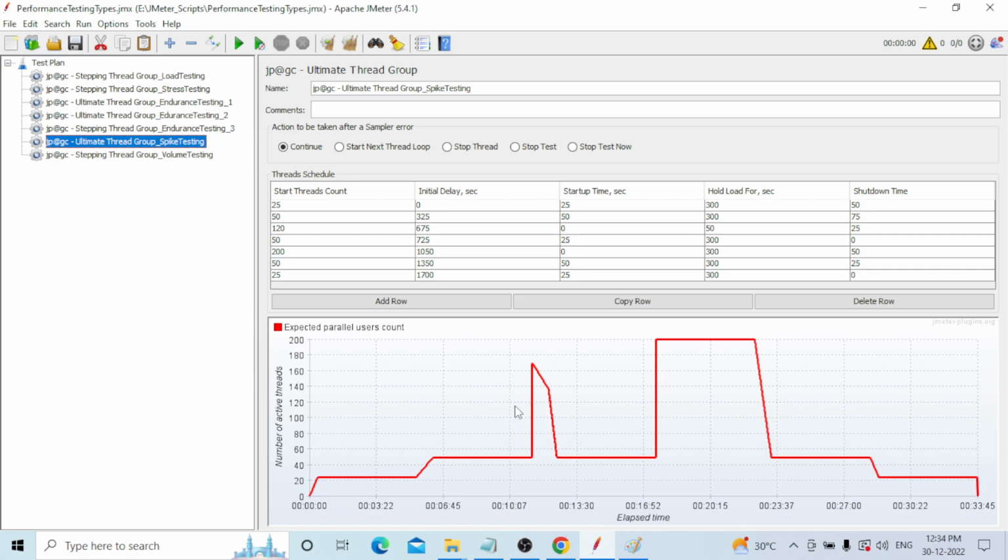Now I will explain it the same way as last time. First I will take 25 users as the start thread count.